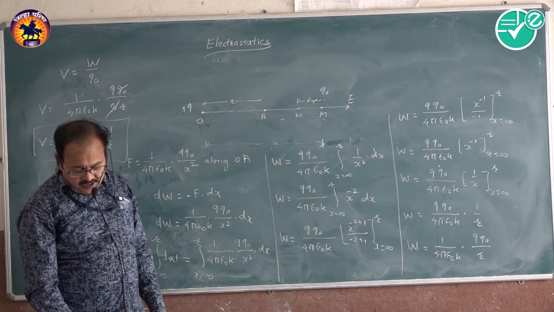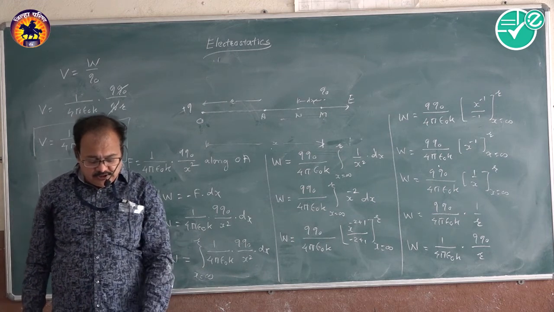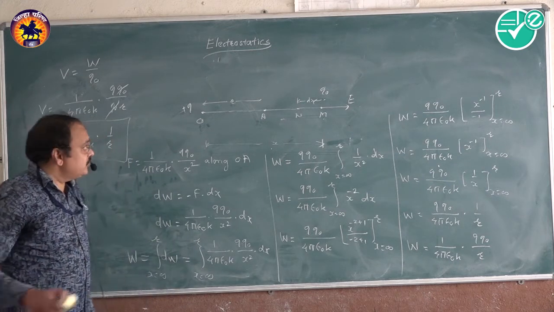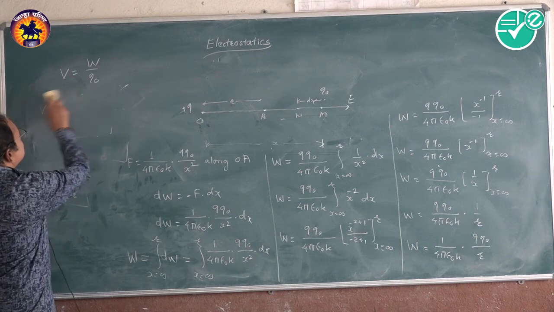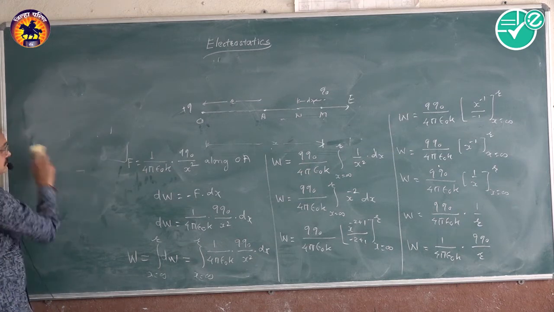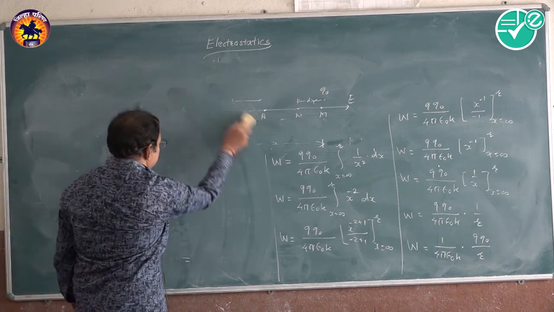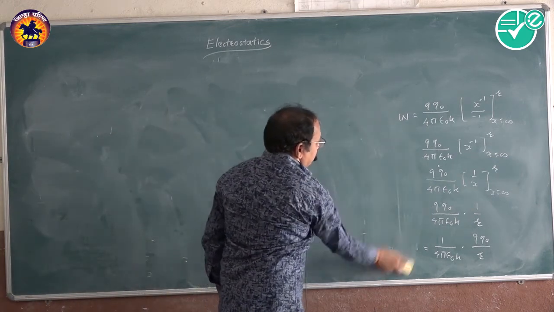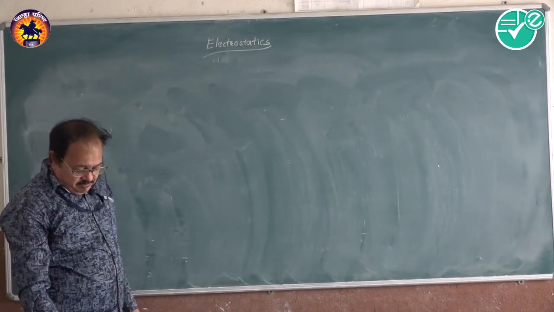Now the next point is that the electric field intensity at a point in the electric field is equal to the negative rate of change of potential with respect to distance. Suppose we take a relation, in order to get the relation between electric potential and intensity.